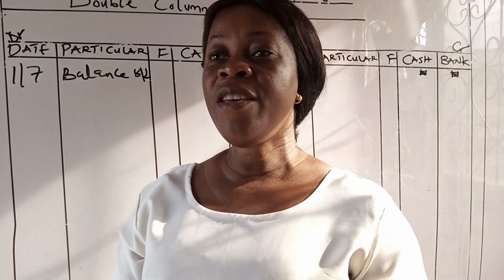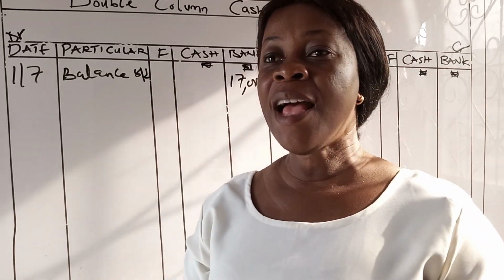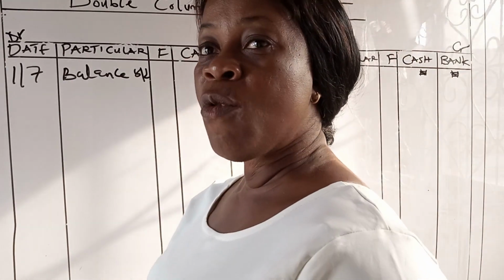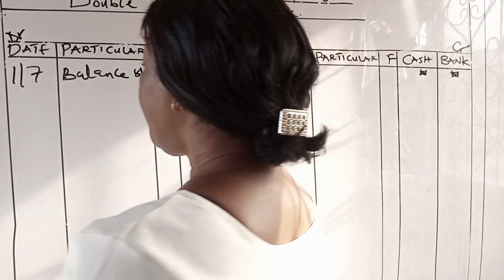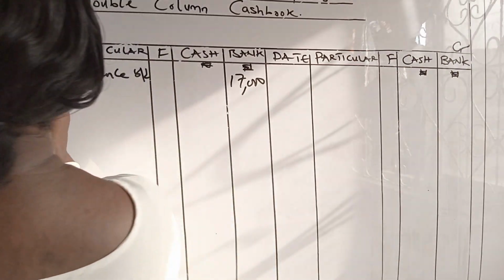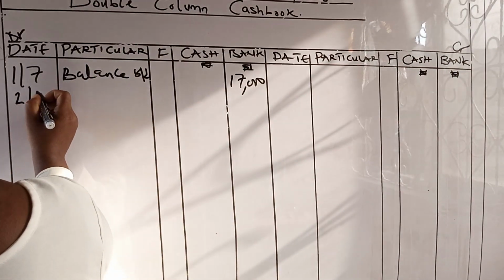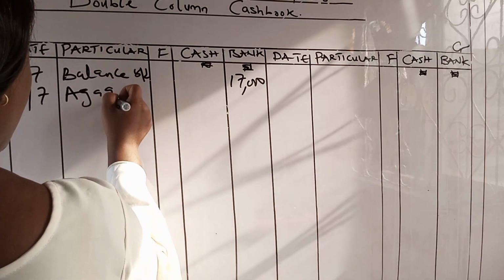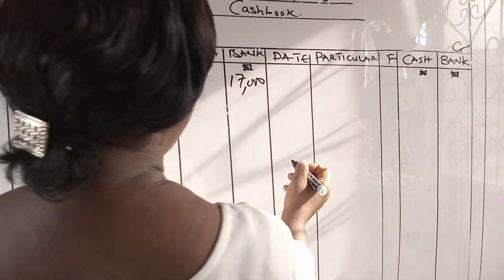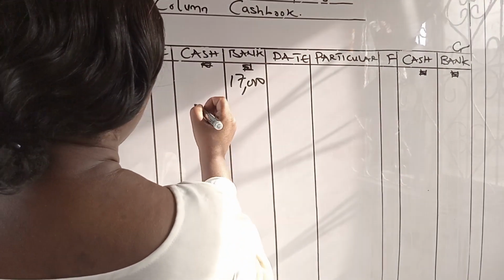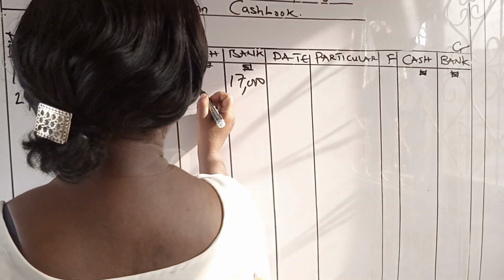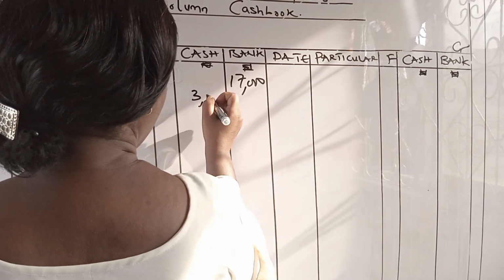So there is an increase in the cash balance. So that will equally be written on the debit side because there is an inflow of cash as a result of money received from Agagu. So the person the money was received from was Agagu. So Agagu will be written in the column for particulars.